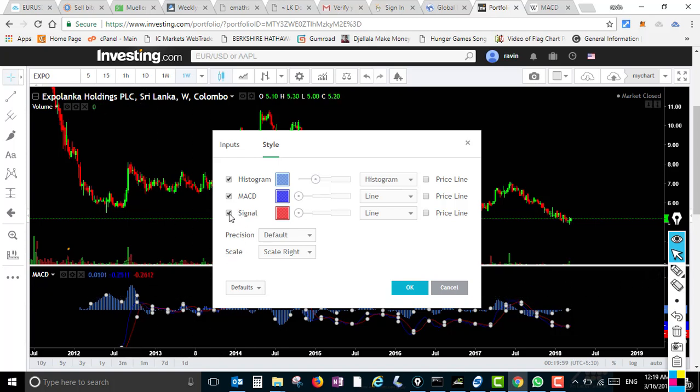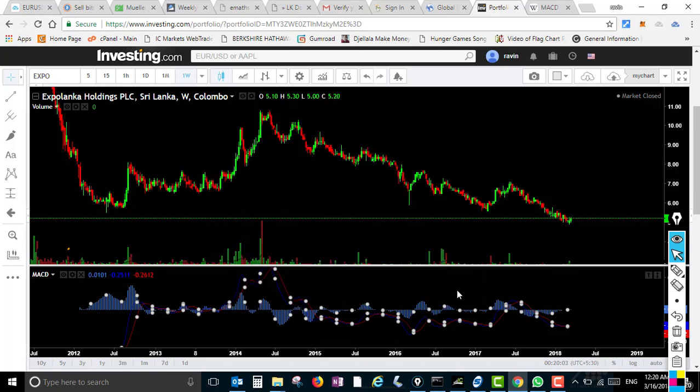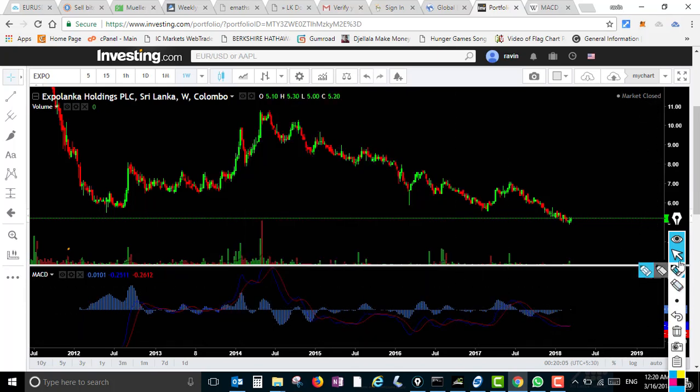I am not taking the signal line and the MACD, because if I use signal crossover, you can see here it is telling us to sell, and again it is telling us to buy.